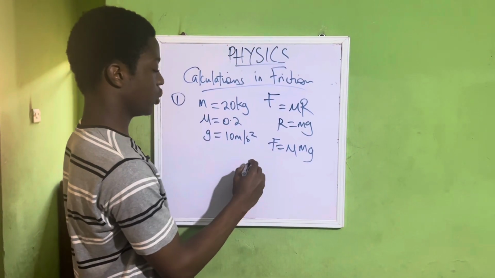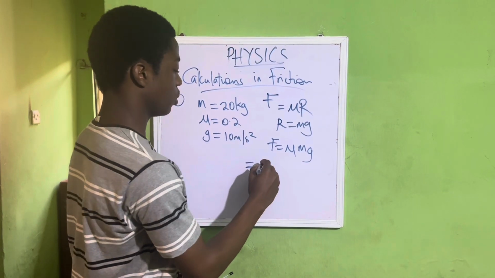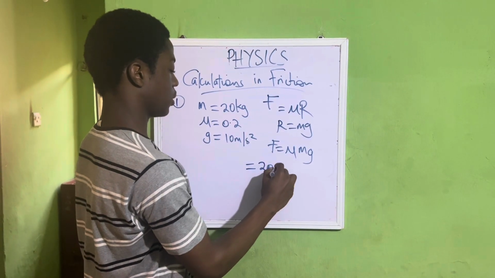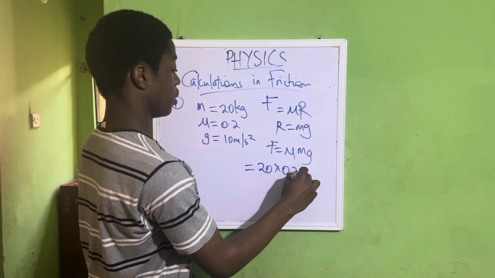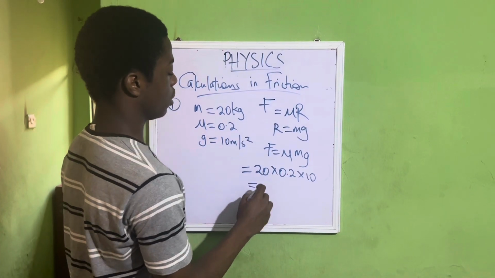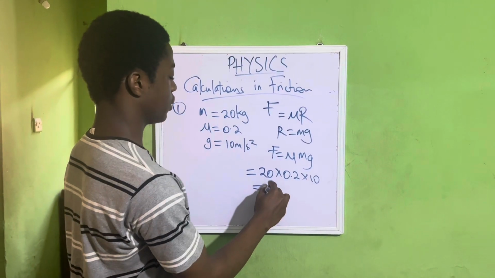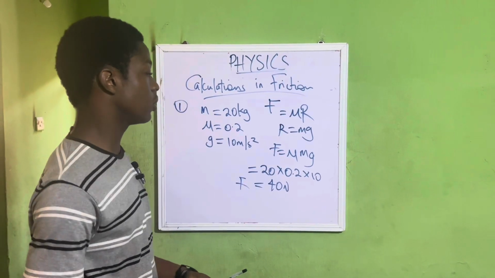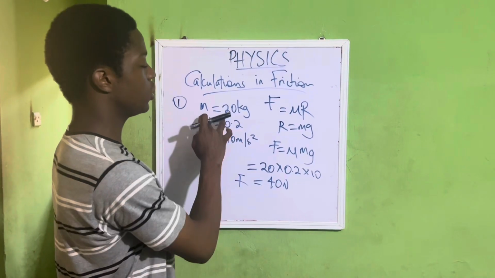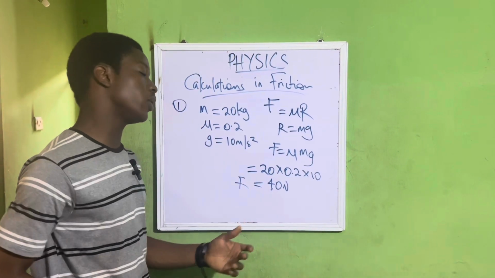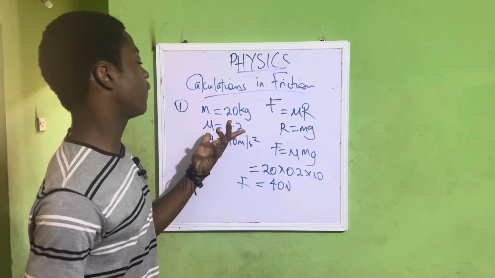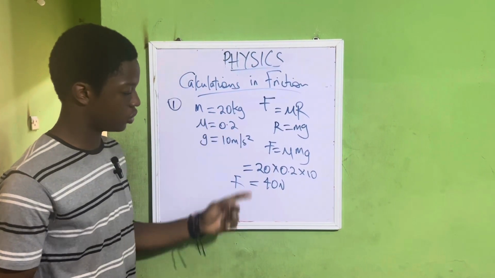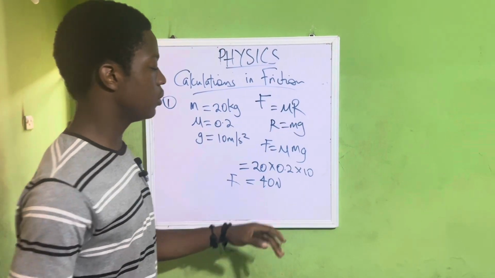So put in your parameters. F equals 20 times 0.2 times 10. So using your calculator, you get 40 Newton. So that means the static friction to just move a 20 kilogram object along a horizontal surface that has coefficient of friction 0.2 is 40 Newton.